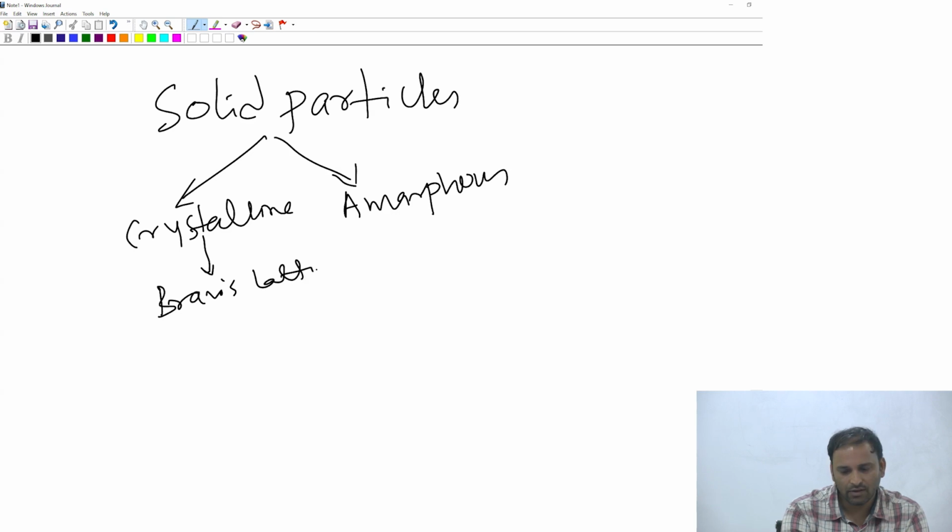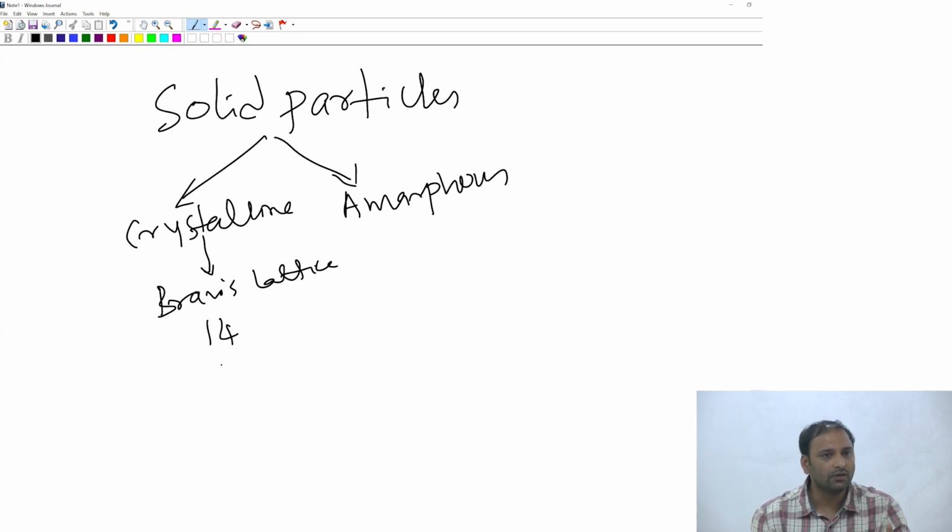Have you heard of this? Okay. Bravais lattice. So there are 14 Bravais lattices, right? Cubic, hexagonal, trigonal, monoclinic, and things like that. And of course, in the crystalline material, there is an ordered arrangement of atoms or molecules that make up the solid. But in the case of amorphous materials, there is no long range order, right?